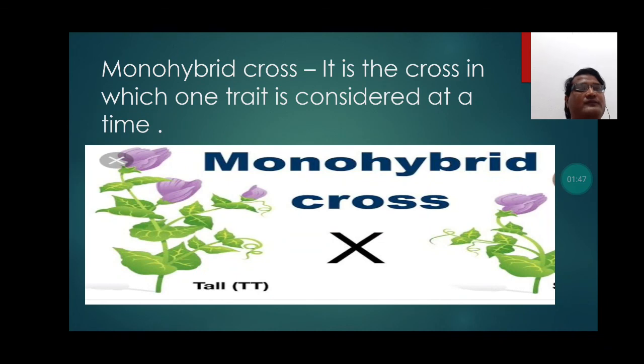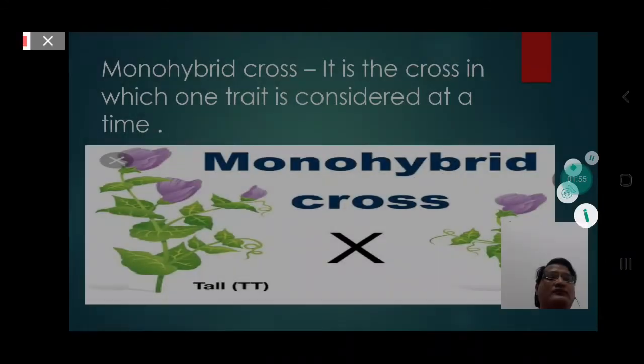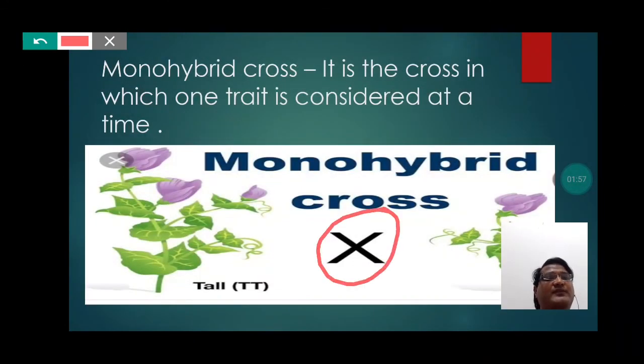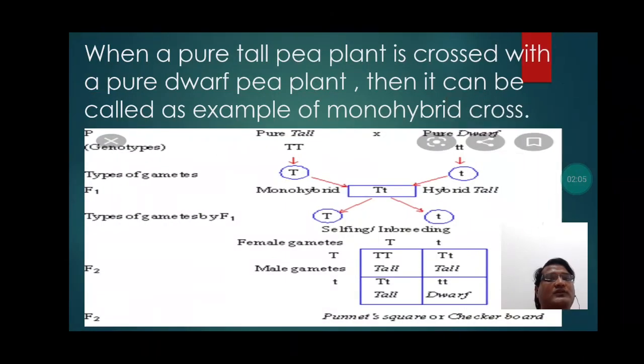So students, the tall and the dwarf plant are further being crossed, that is, being allowed to reproduce. When a pure tall pea plant is crossed with a pure dwarf pea plant, then it can be called an example of a monohybrid cross.